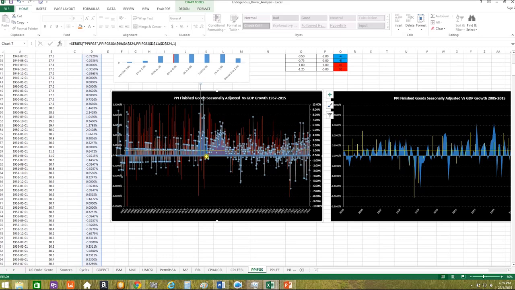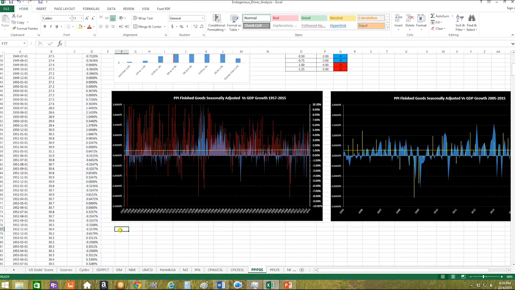So that is this data set here on the chart. And you can see throughout history that there's a decent correlation here between the percentage change month on month in PPI, including all items, and real GDP growth.